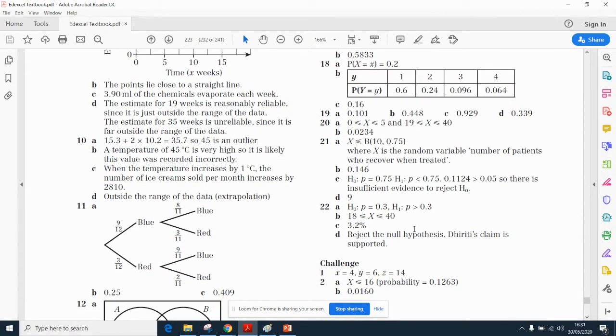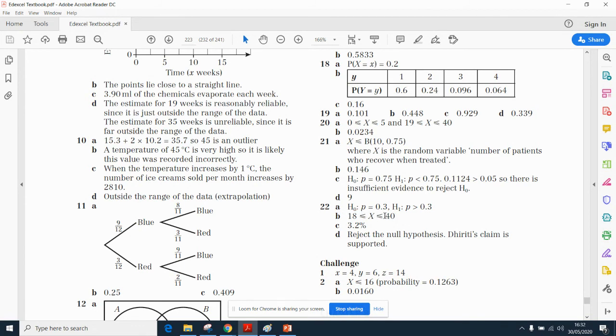And then question 22. So, like we said, we stated our hypotheses, we then looked at the binomial tables, looked at 40, 0.3, had a look where it exceeded 5%, you got up to 17, and so 17 or lower was the safe region, and that means that 18 all the way up to 40 is our critical region.